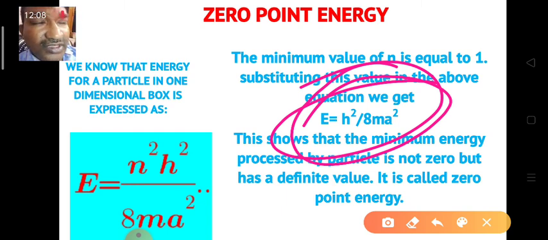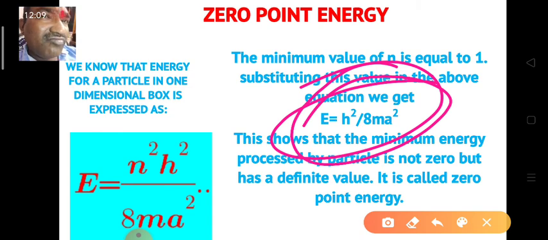For this solution, we have to apply the boundary conditions, that is x is equal to 0 one time and x is equal to a the other time. On applying them, we get psi is equal to a sin kx, and from that we get sin ka is equal to 0.